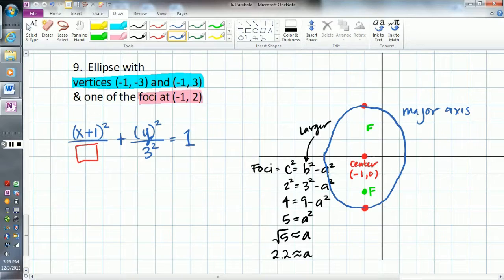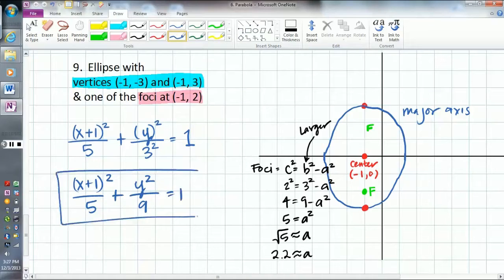Again, I went out 2.2 units from the center in either direction. Going back to my formula here, root 5 squared, which is this horizontal distance, when I square that, that's going to be 5. So I have (x plus 1) quantity squared over 5 plus y squared over 9 equals 1. And that will be the equation of our ellipse. Thank you. Have a great day.